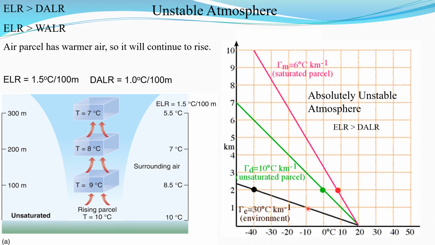So this one is going down from, I would say, 20 to minus 10 degrees, that is 30 degrees. So this is the rate. So this rate is higher. Again, for the dry adiabatic lapse rate, you are going from 20 to 0 degrees. That means you are climbing 2 kilometers over here.